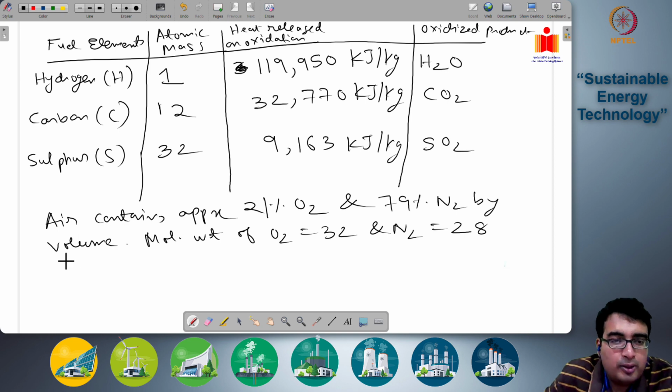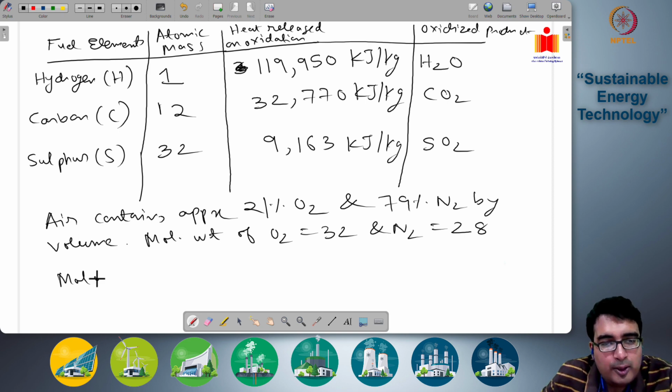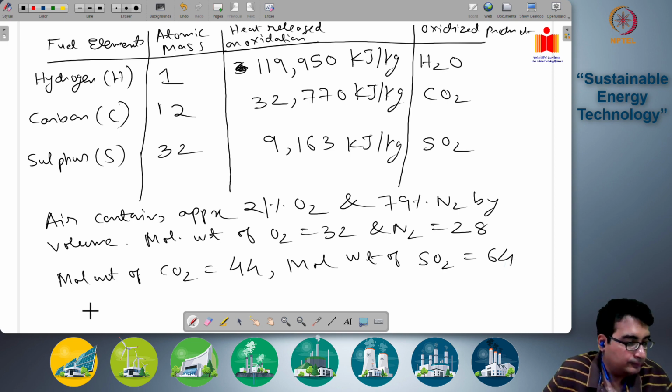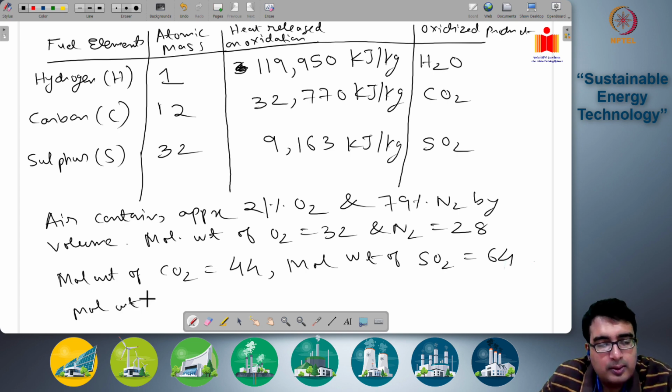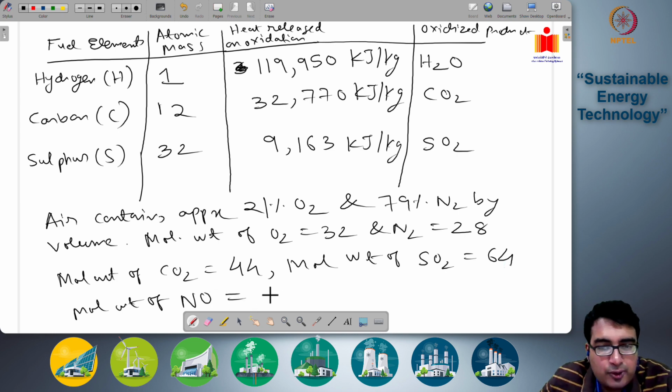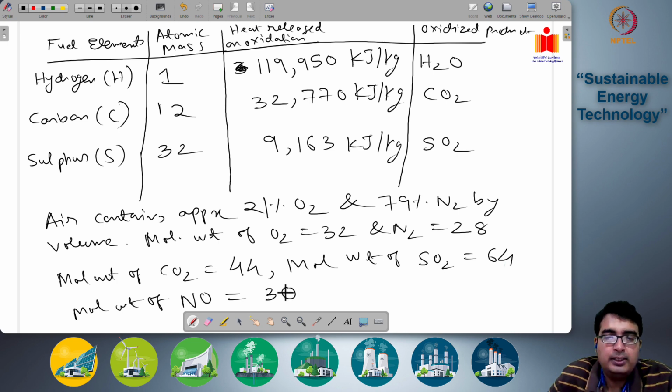the other important molecular weights are: molecular weight of CO2 is 44, molecular weight of SO2 is 64, and also molecular weight of NO. Nitric oxide is also formed to some extent due to the oxidation of nitrogen, and its molecular weight is 30.